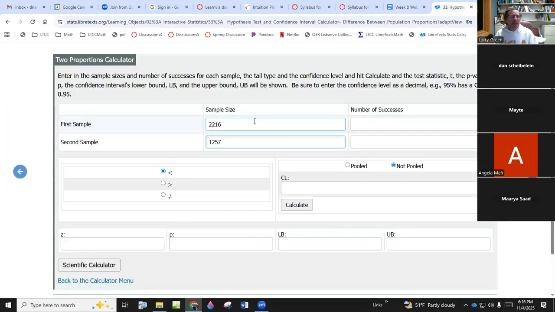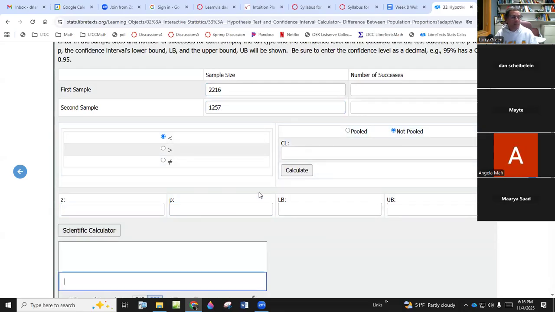How do we get the number of yes successes if we know 93% said yes? Do you remember the math to do? Here's a hint, we're going to need a calculator. Nothing too intense, but we got to know what to do. How do you get the number of yeses or the number of successes?